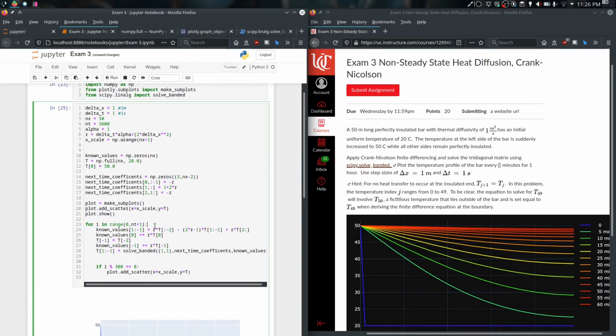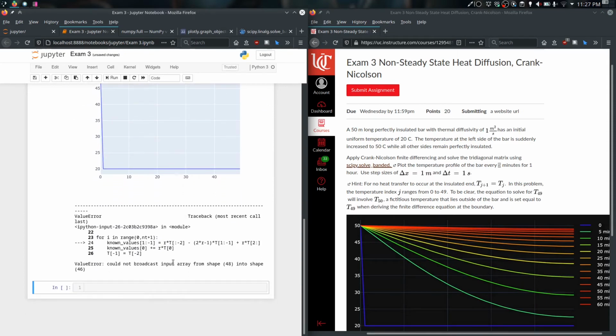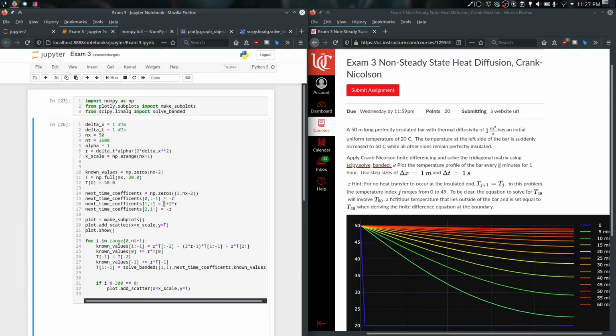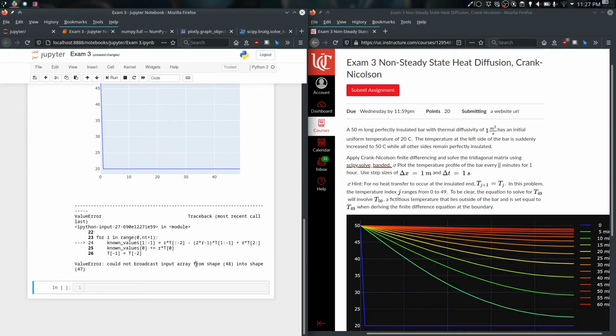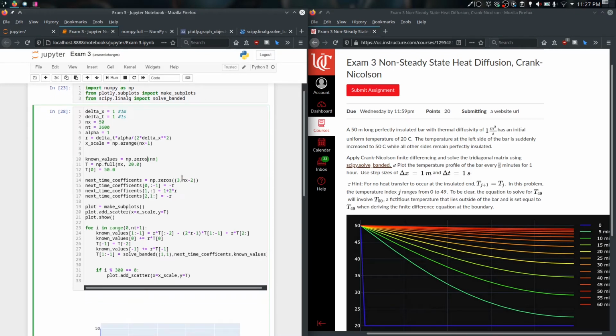So, with shapes on, that's okay. Values nx - 2. Shape array to shape 46. Try -1. Some of this is just making sure you guys are correct. Well, it happens. Sometimes all I gotta do is take a look at it and make sure I'm not doing it wrong. So this should be okay.